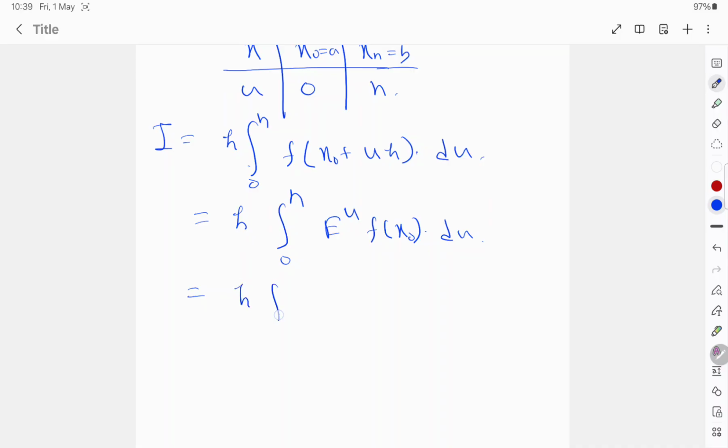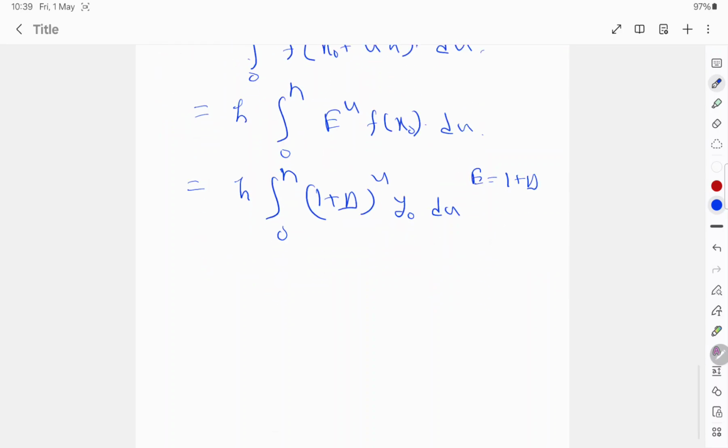Now in the second chapter, you have learned that E is 1 plus delta, right? So if you use this thing, (1 plus delta) whole to the power u f of x0, you can write this as y0 basically, du, in this form.